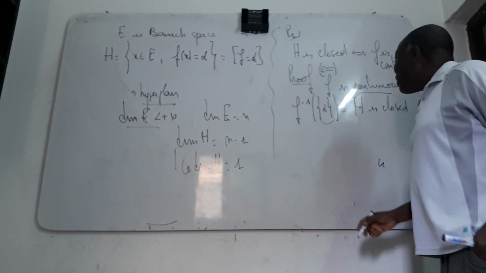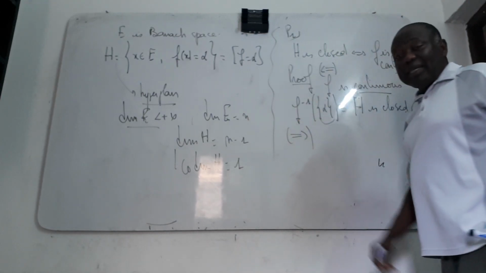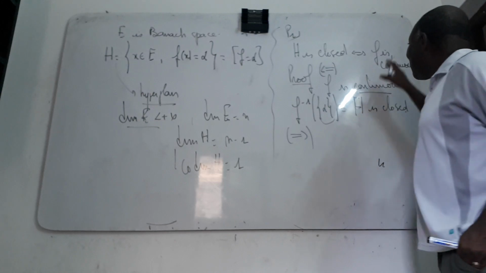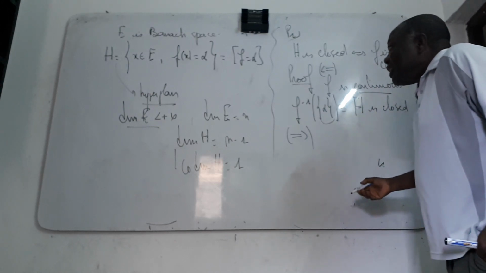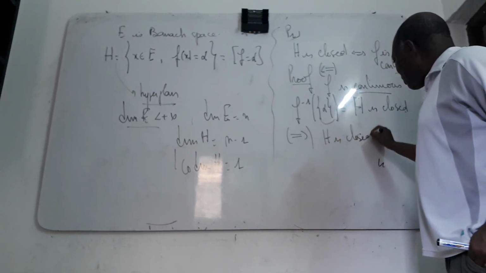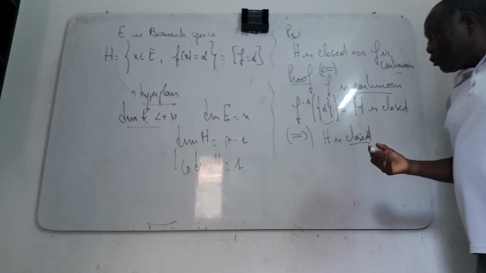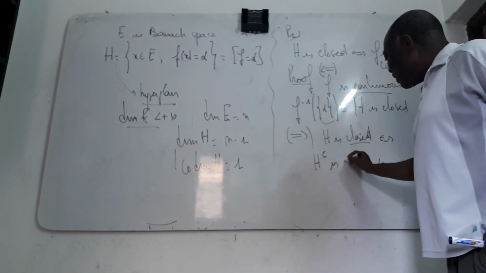It's very simple. Now we will suppose that H is closed, and then we prove that f is continuous. It's not easy. Let's suppose that H is closed. If H is closed, that means that the complement of H is open.